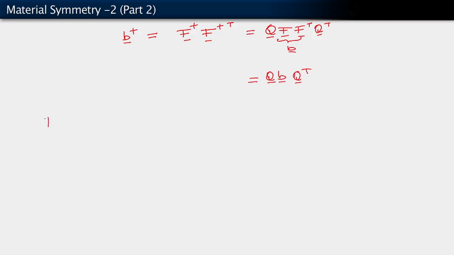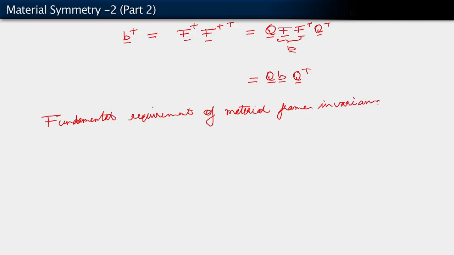So the fundamental requirement of material frame invariance always holds, and it says that, all right, you have an isotropic material.